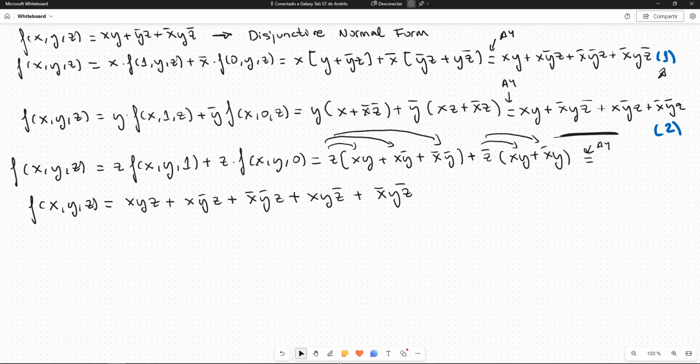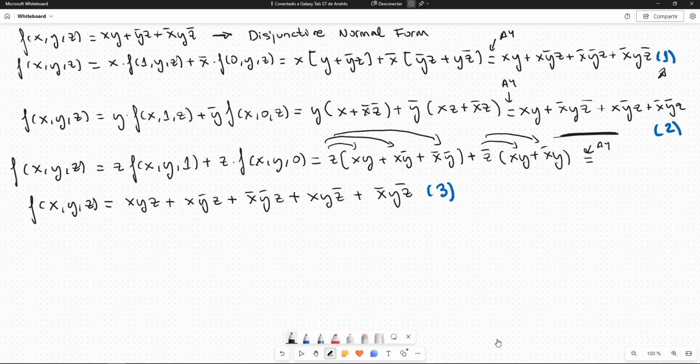So this is the function that I have obtained. And now we cannot apply the Shannon expansion theorem anymore, because we have applied the Shannon expansion theorem to the three variables. So we have obtained the last version of the function.